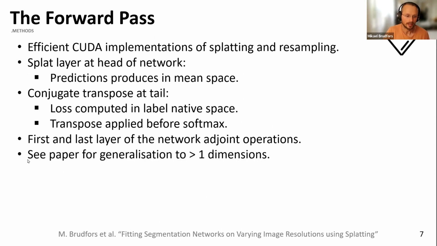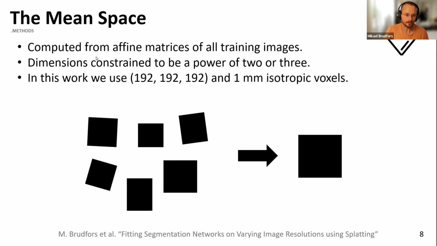Let's also move on. So like I said before, there's more about the generalization in the paper. So what is this mean space I've been going on about? Well, it can be computed in different ways. It's basically just some dimensions, some voxel size, some orientation defined by an affine matrix. So we define the mean space based on all the affine matrices of all training images.